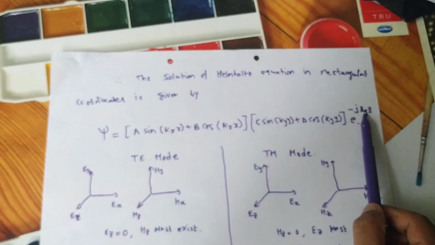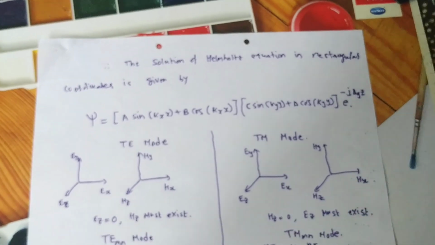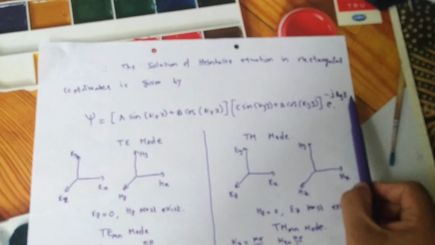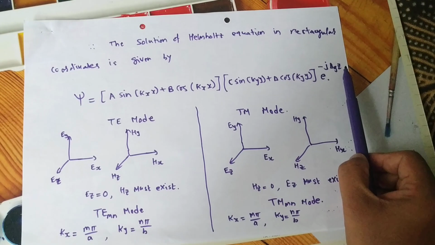So I have put here e to the minus j beta g into z.